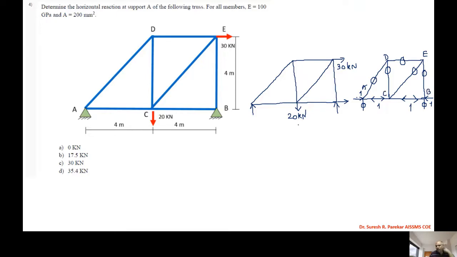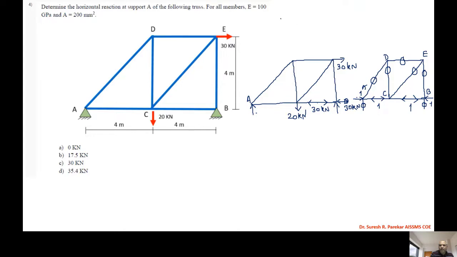So now for this, I will find this reaction, and by finding these reactions we are going to get forces in the members. Now for this reaction, summation Fx equal to 0, we will have this as 30 kilonewton. And therefore we will get force in this member equal to 30 kilonewton. Now, if we take moment about A equal to 0, then we have 30 into 4, 120.